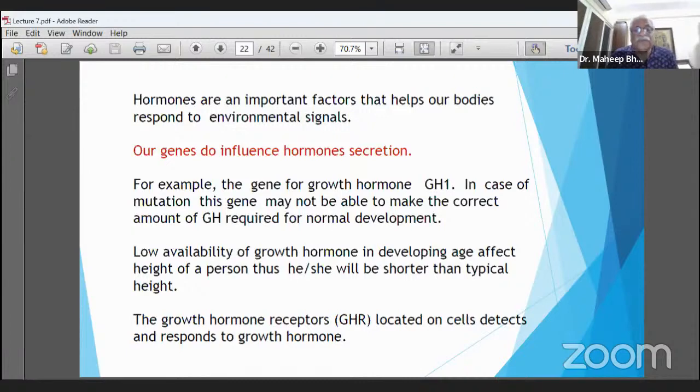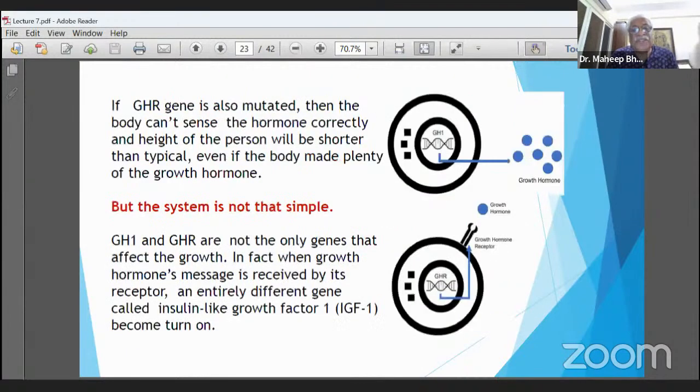So suppose the GHR, growth hormone receptor gene, is also mutated, or only the growth hormone receptor gene is mutated, and the growth hormone gene is functioning normally.